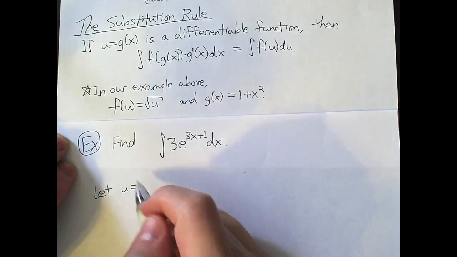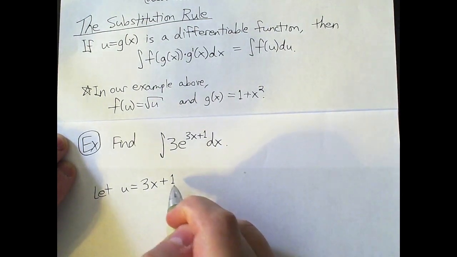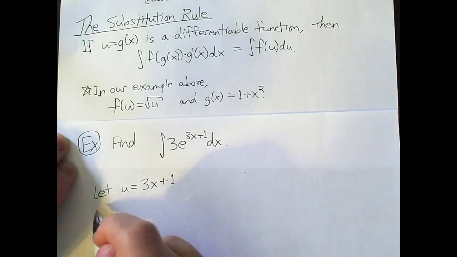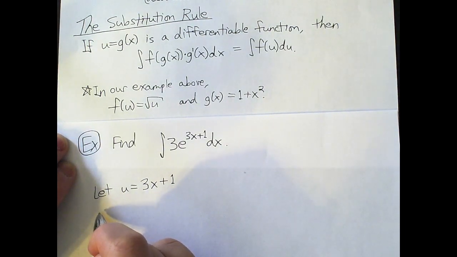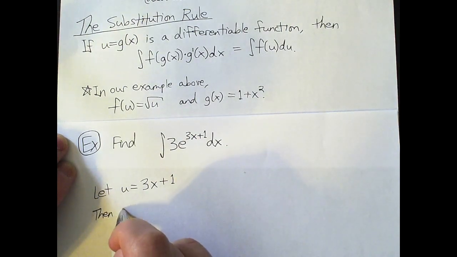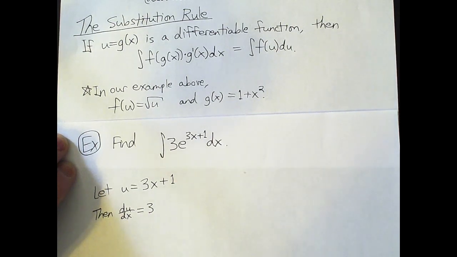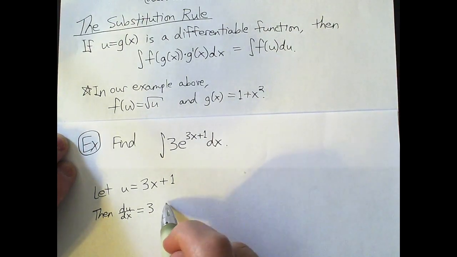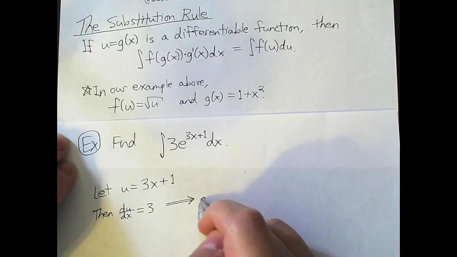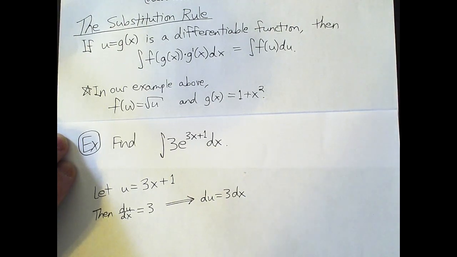The part of this that I'm going to let it equal is 3x plus 1. Okay, so if I do that, and then I do d dx of both sides, du dx equals just 3, right? And then bring the dx over to the other side, du equals 3 dx.